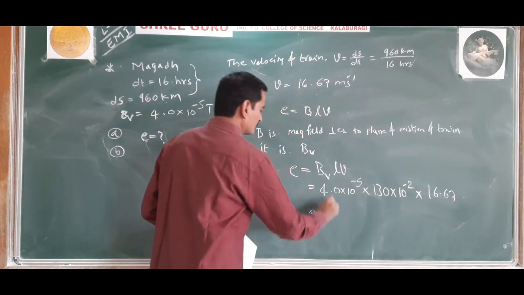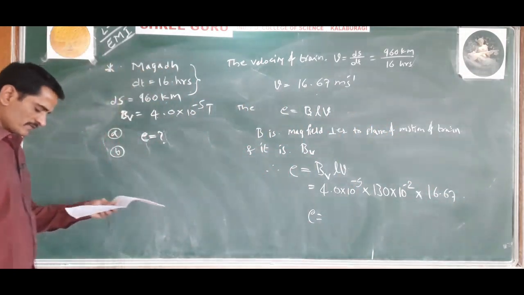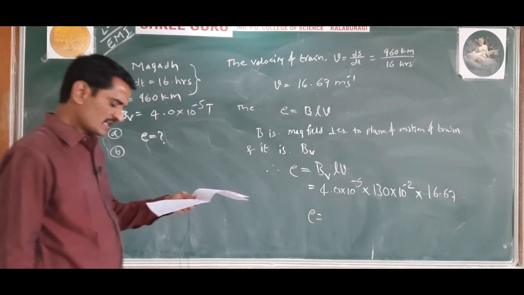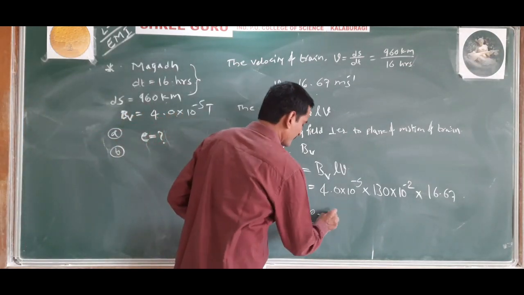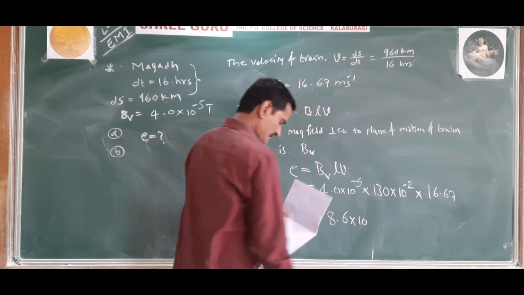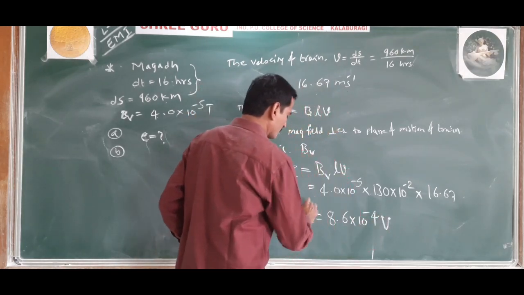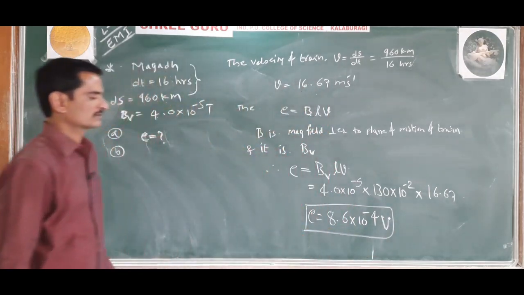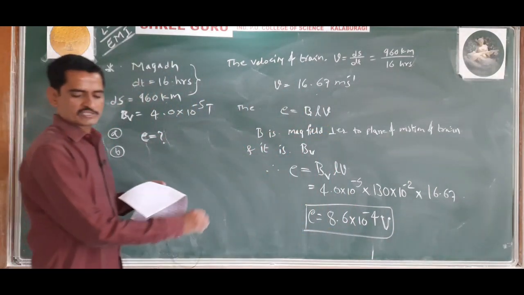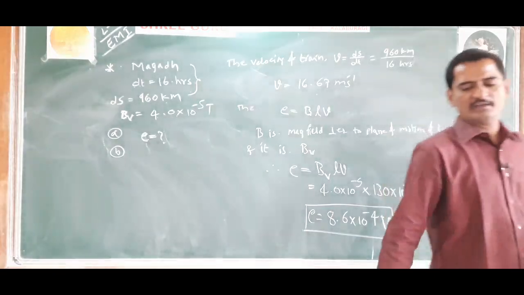Solving this, the answer is 8.6 × 10^-4 volt. Understood? So this is the induced EMF across the width of the train.